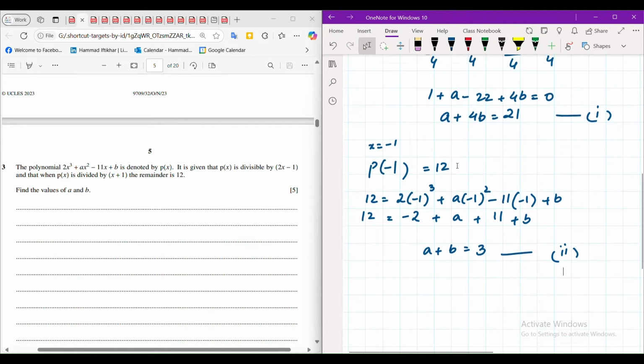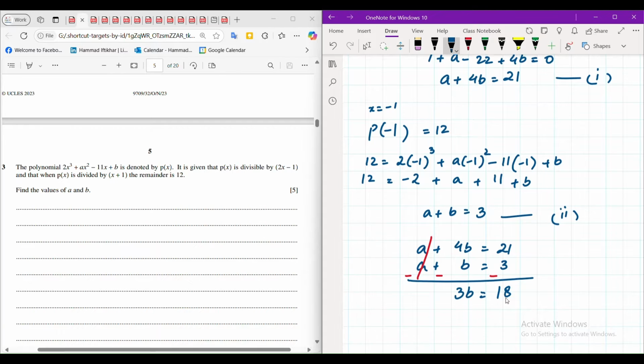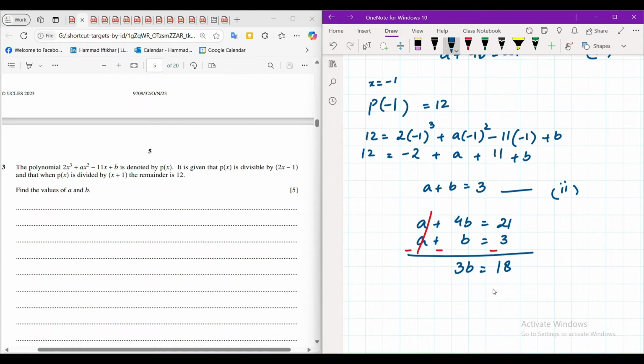Now we have two unknowns and two equations, so we just have to solve them simultaneously. We have a plus 4b equals 21, and a plus b equals 3. We subtract these two equations. The a cancels out, and we are left with 3b equals 18. So b equals 6.